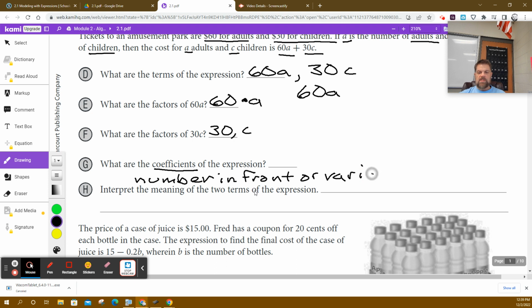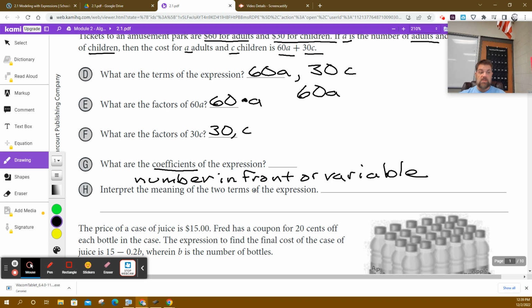So real quick, somebody tell me one coefficient from this expression. Coefficients are the numbers in front of the variable.